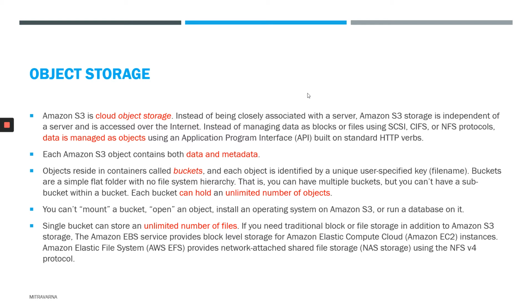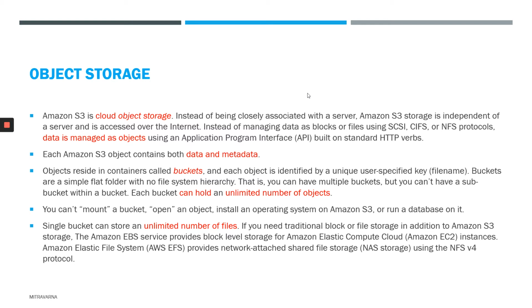Each and every object will have its own object name, a user-specified key, which is nothing but a file name. But actually, there is a lot of difference between a file name and an object's user-specified key. Why I'm saying this: on a normal computer you can have a folder and another folder inside a folder, whereas here there will be a bucket, and inside a bucket all the objects will be stored.